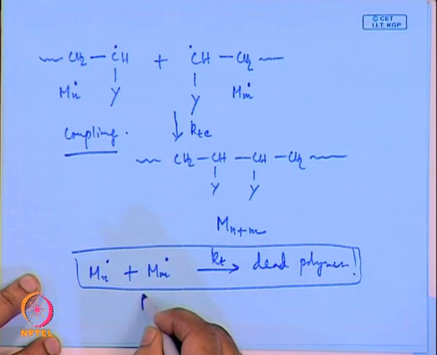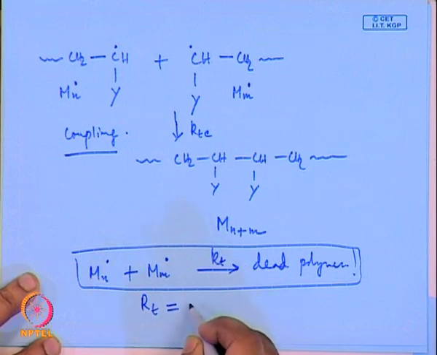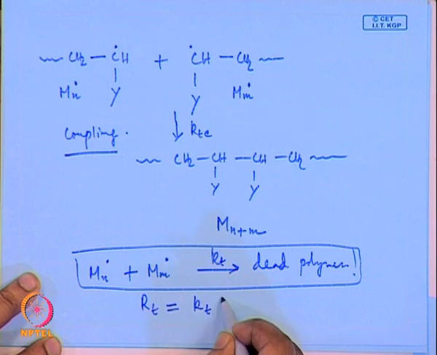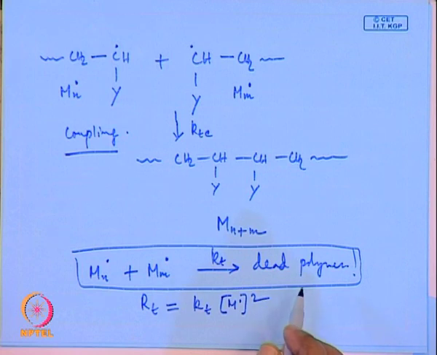So, the rate of this termination step is given by Kt M dot square, because it is a bimolecular reaction. Again, M dot is the summation of the concentration of all the propagating radicals.